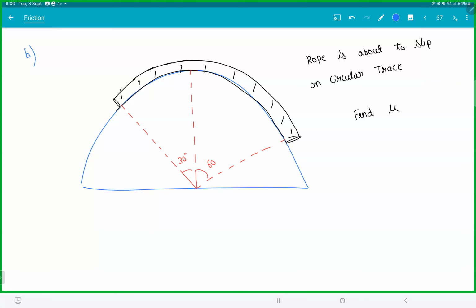Let's get this. It doesn't matter, that will just cancel. Take the radius.